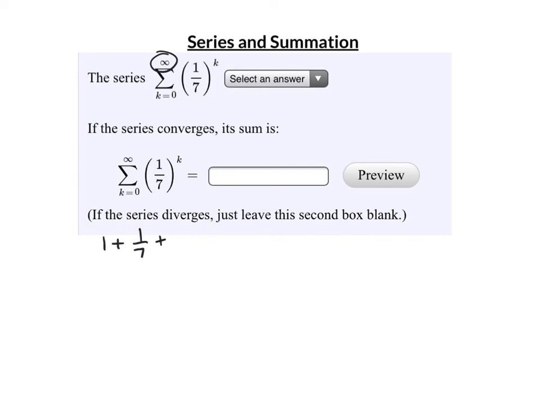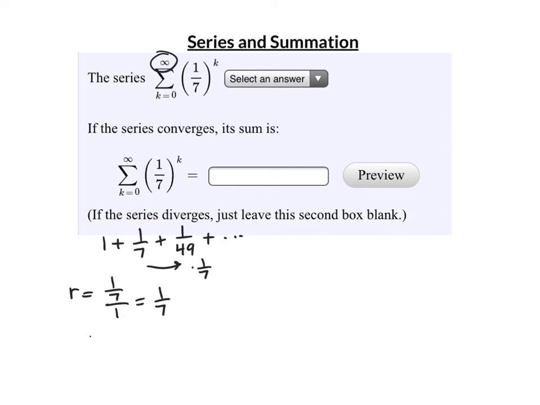When I plug in 2, it'll be 1/7 squared, which is 1/49. And I can keep going and going. You'll notice then as we go forward in the sequence, we multiply by 1/7. And if I look at current divided by previous, the common ratio is 1/7 divided by 1, or 1/7.